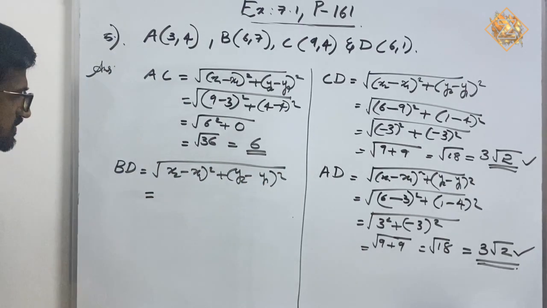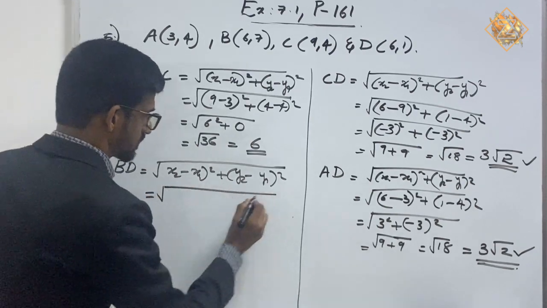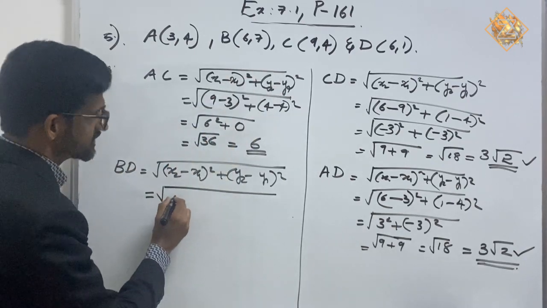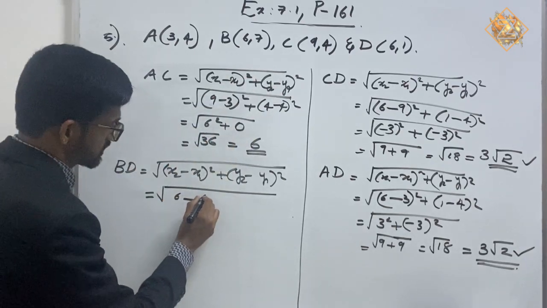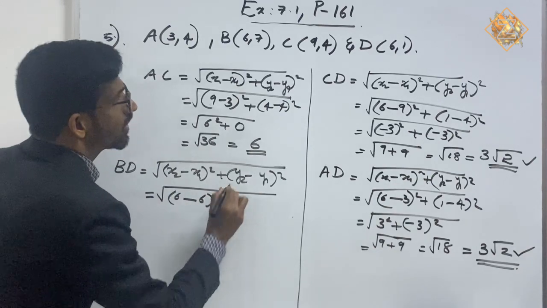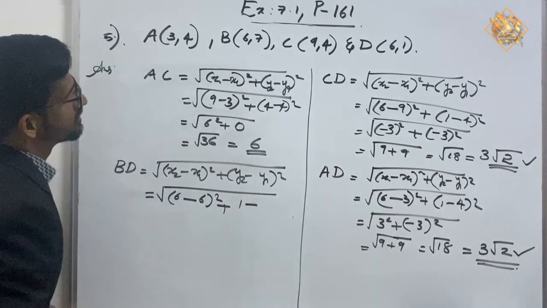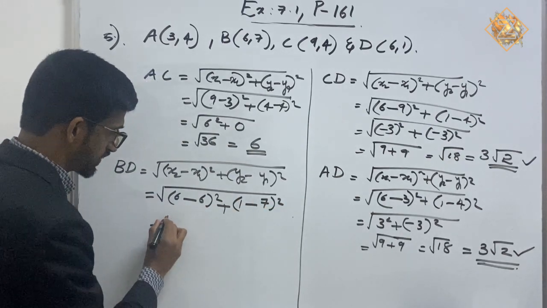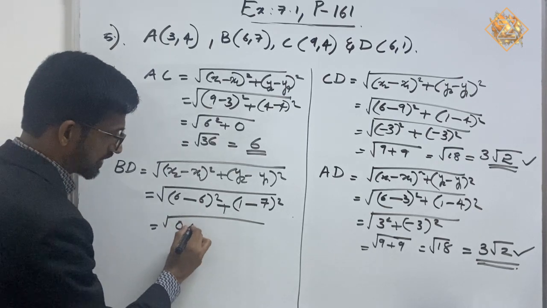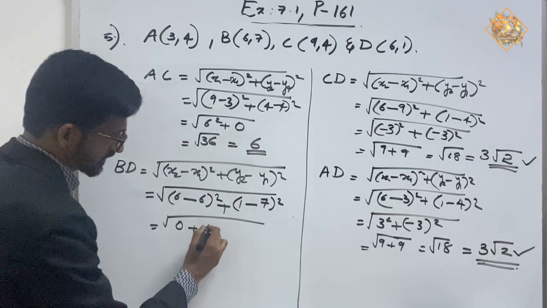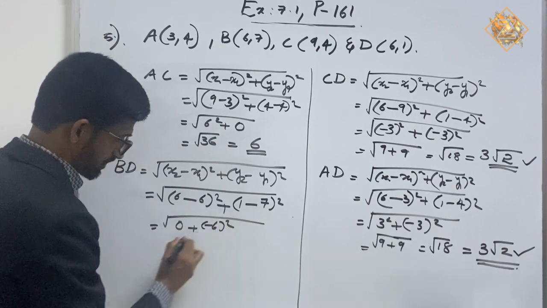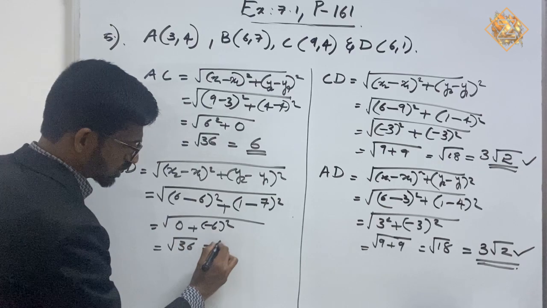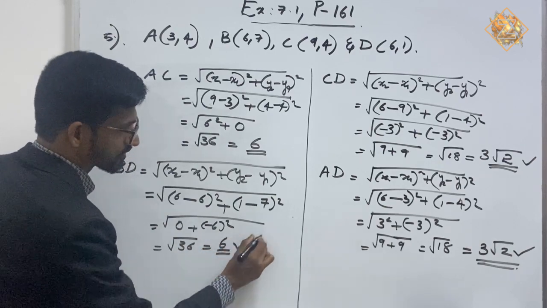Substituting the values for BD, x2 is 6 minus 6 whole square, plus y2, that is 1 minus 7 whole square. Okay, students. So that's equal to what? Root of 6 minus 6, that is 0, plus 1 minus 7, minus 6 square. That's equal to root of minus 6 square, that is root 36. That is equal to 6.